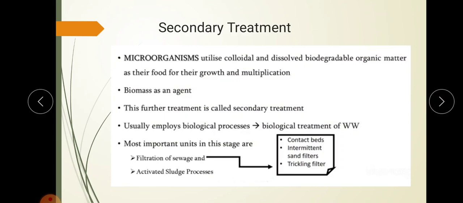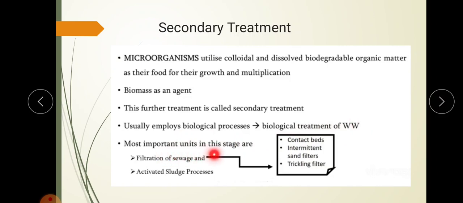Microorganisms utilize colloidal and dissolved biodegradable organic matter as their food for their growth and multiplication, and convert it into stable compounds. That is, biomass acts as the agent here. This further treatment is called secondary treatment and usually employs a biological process, that is biological treatment of wastewater.